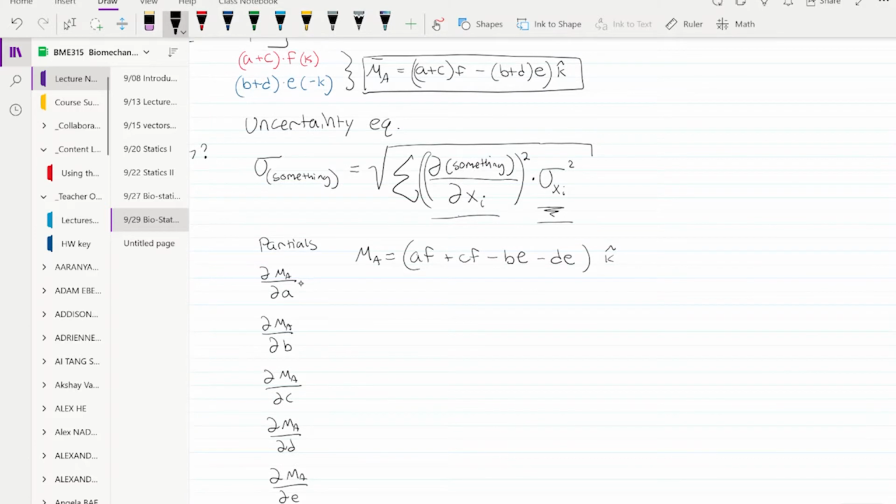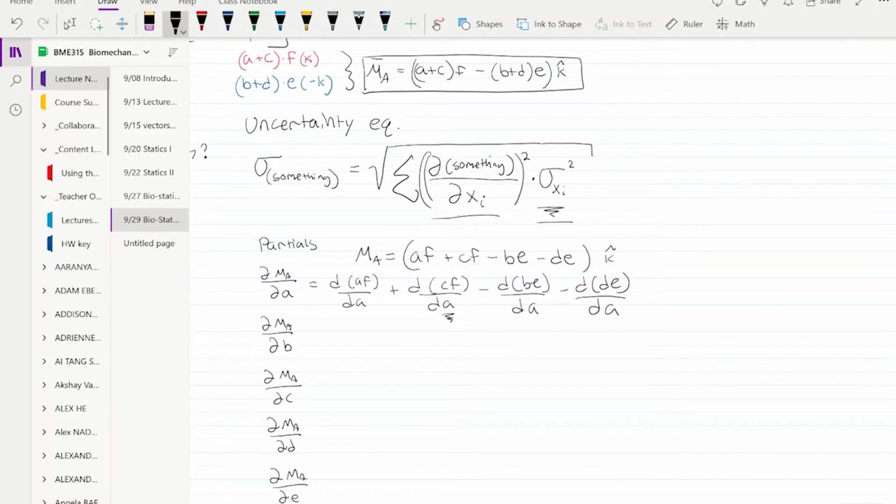So the partial of MA, this equation, with respect to A is the derivative of each component with respect to A. So that's d(AF)/dA plus d(CF)/dA minus d(BE)/dA minus d(DE)/dA.